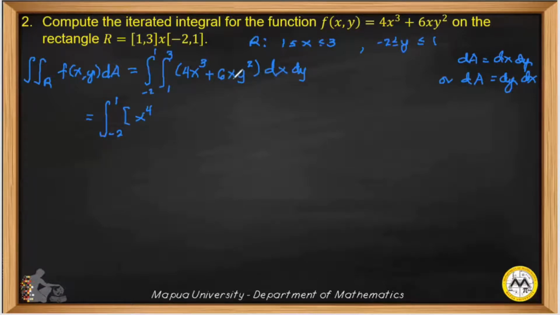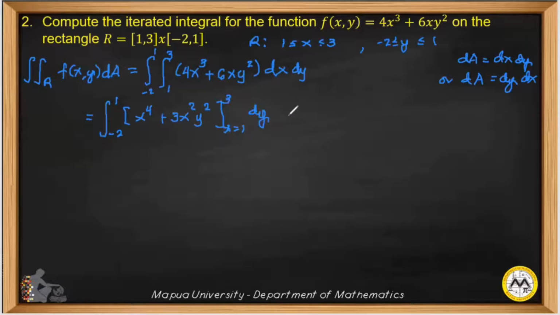So the integral of x dx is x squared over 2. So 6 over 2 is 3. That will give us 3x squared times the constant y squared. And this must be evaluated from the lower limit x equals 1 to x equals 3 dy.